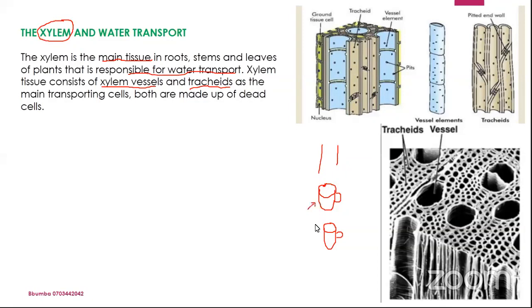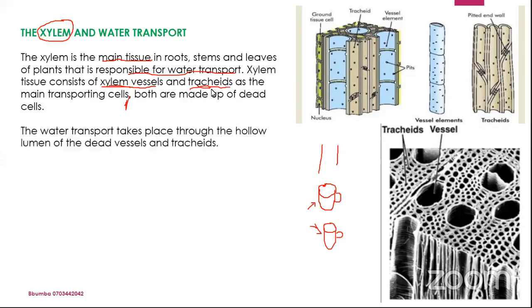It is the same thing. So they have what we call xylem vessels and tracheids. Some books call it a vessel element instead of xylem vessel, and then the tracheid.